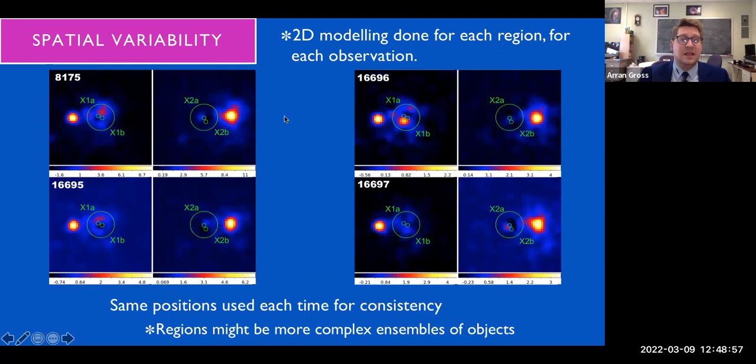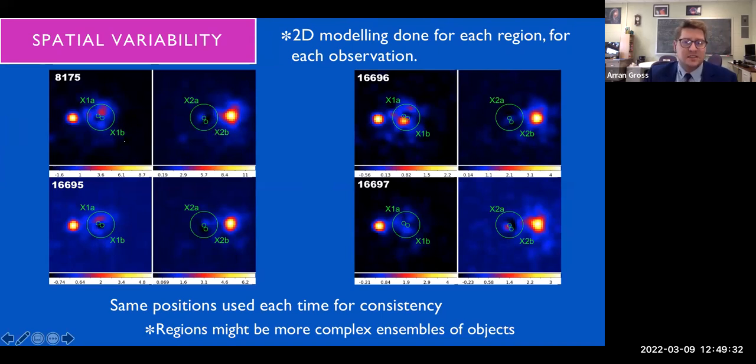And then we do that again for each of the observations. So I know that this is a lot to show in one slide, but the gist is that we see a similar pattern across observation 1, 2, 3, and 4 for the X1 region, and then a similar pattern for the X2 region, where 2 sources in each gives a much better fit. And since we're doing this fitting with C-statistics, it's very easy to translate that into a likelihood ratio, whether or not 1 source per region is better than 2 sources per region.